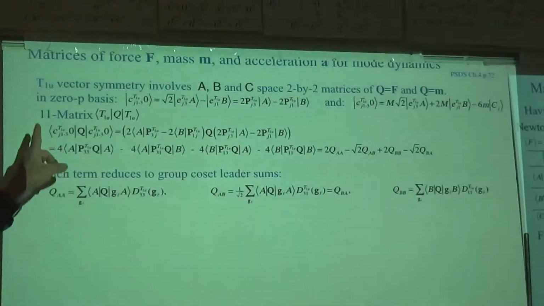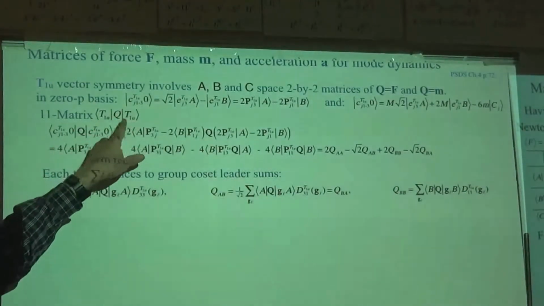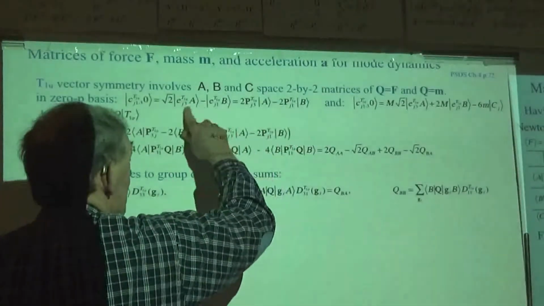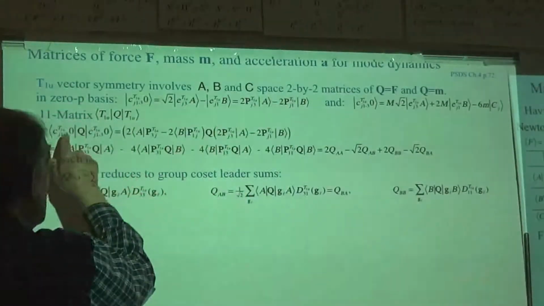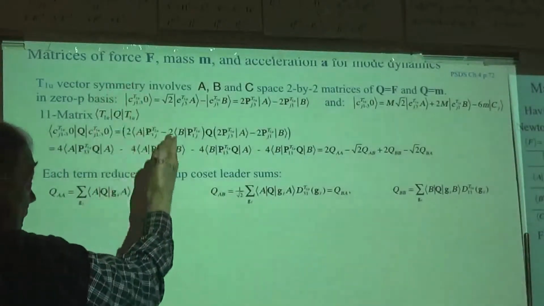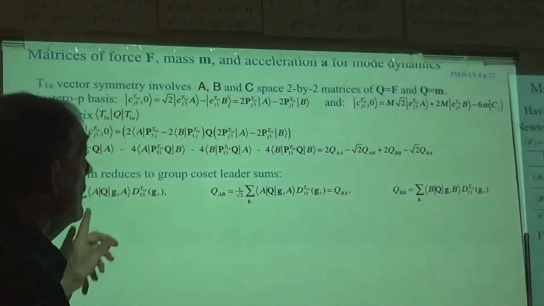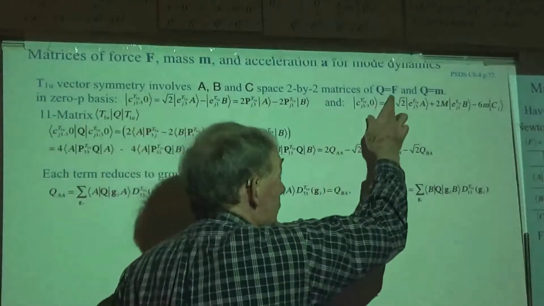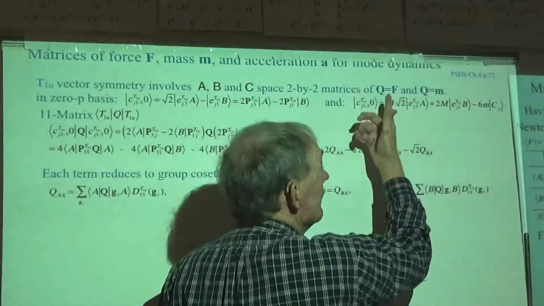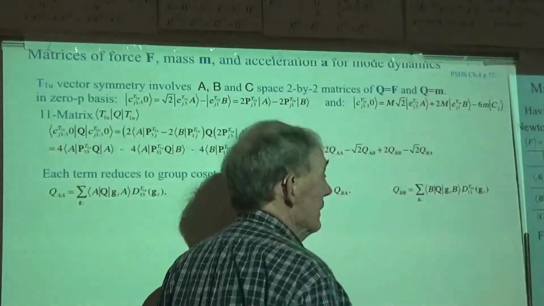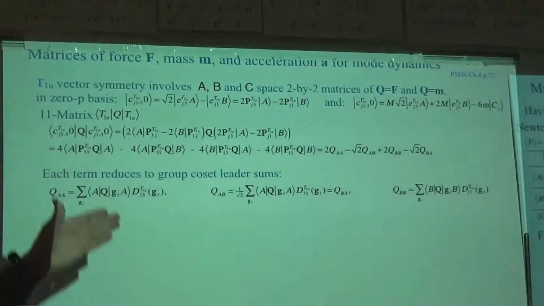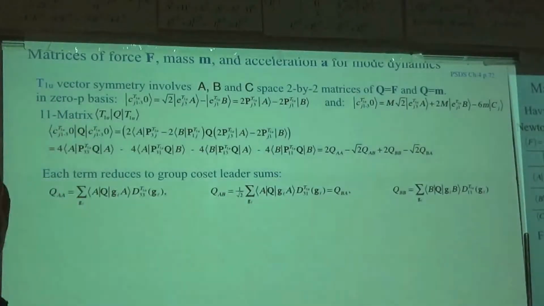So we've got to make a matrix out of these 2 T1U's, starting with just a matrix product involving that thing. So there it is, this thing dotted with itself, we're going to try to get the matrix for Q equal force matrix and Q equal mass matrix. So that's the order of the day for getting us the solutions to this problem.